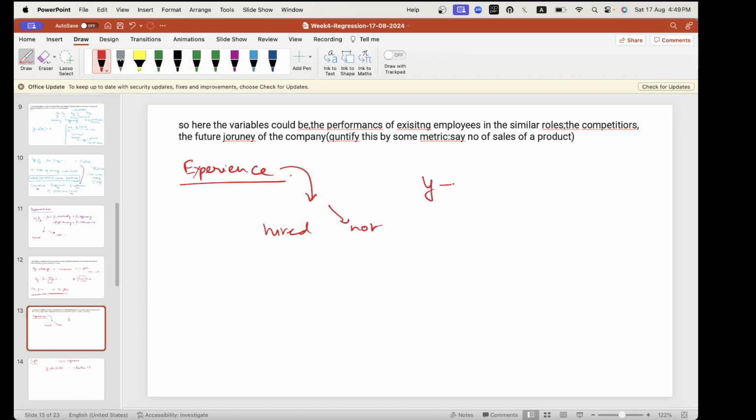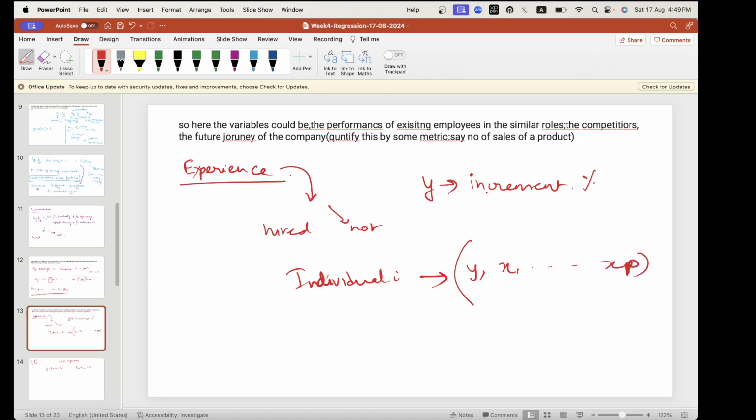So if y, let's say, is the contribution to revenue, a proxy for that can be your increment. If a person has contributed positively, they would get an increment, a certain percentage of increment. So if I have each individual i, they would have a y, x1 to xp.